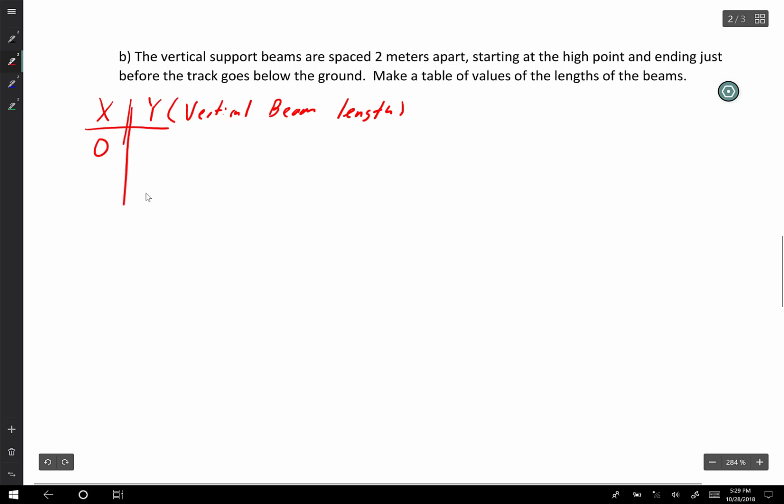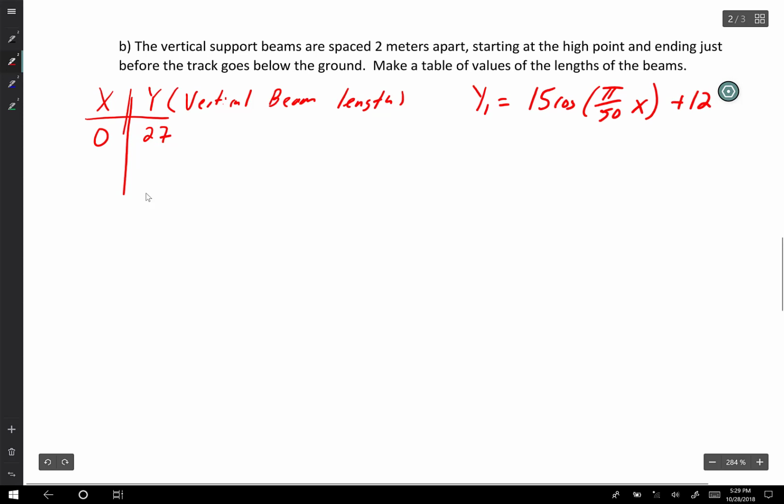All right, at 0, it better be 27. So how are you going to find that out? I'm going to type this equation into the calculator. So on y1, you type in 15 cosine pi over 50 x, close it, plus 12. So let's all do that really quick. I'm going to go to y1.